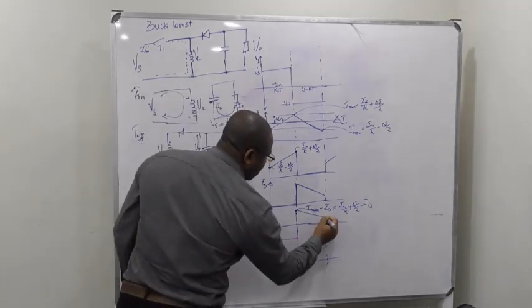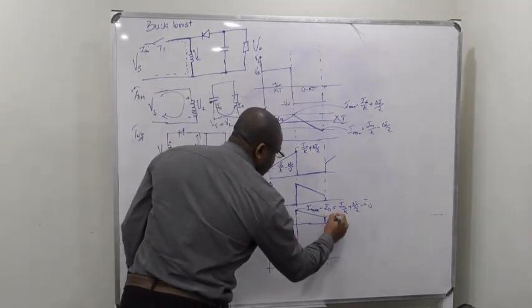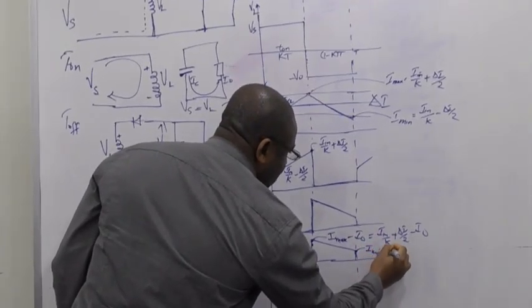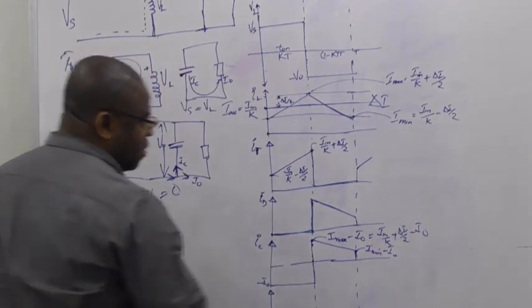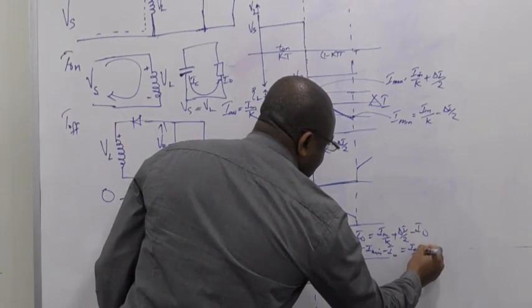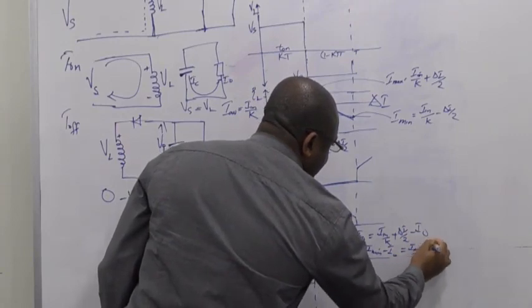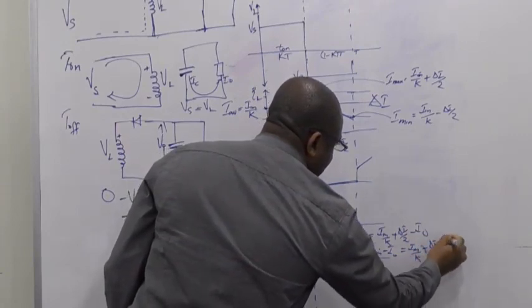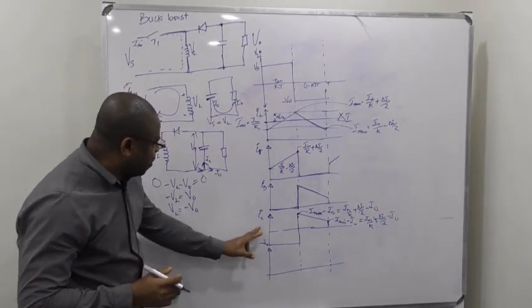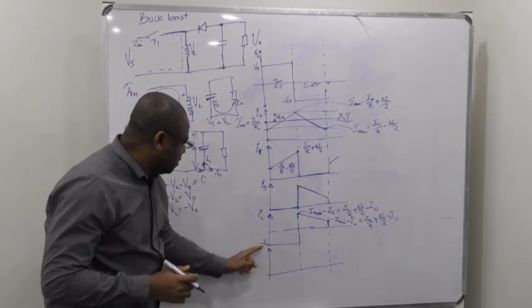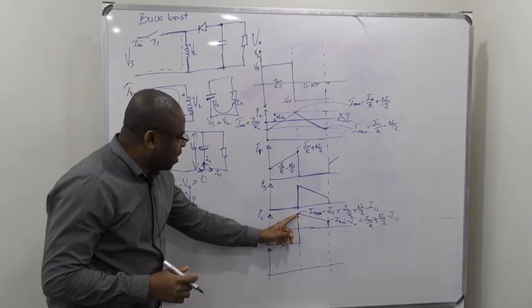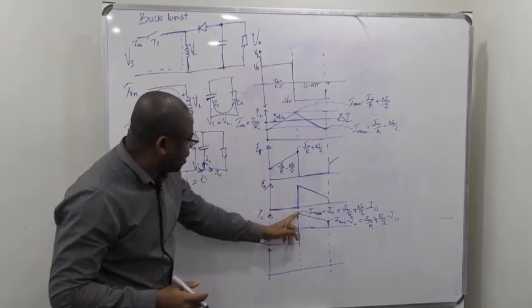And here, this will be I minimum minus IO, which is I in over K minus delta I over 2 minus IO. Did you get it? That is the current flowing through the capacitor. So it's negative IO at time of on, and when switched off, you get that.